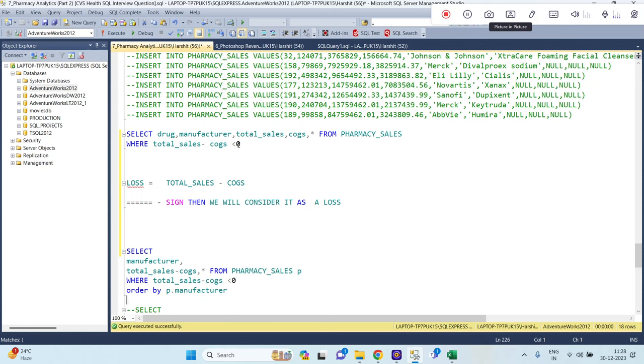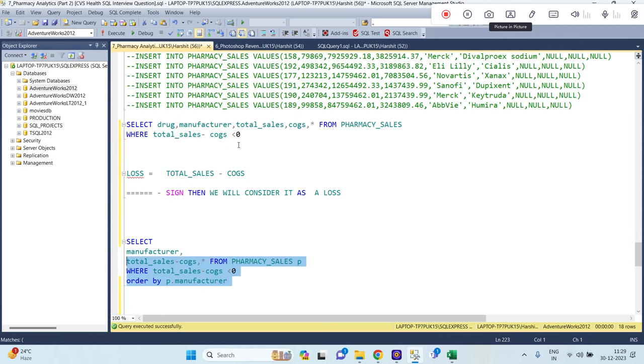Like over here I have written total sales minus COGS less than 0, meaning when it is in minus, then we will consider it as a loss.